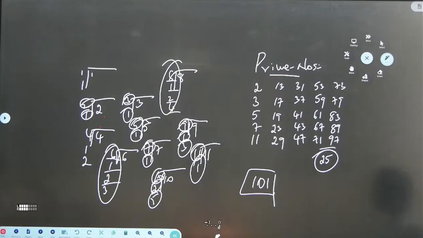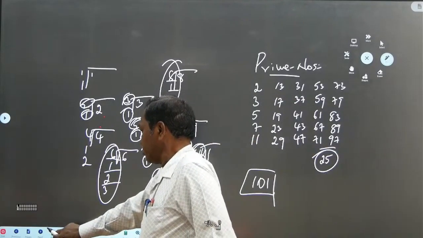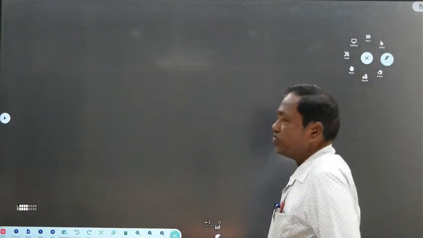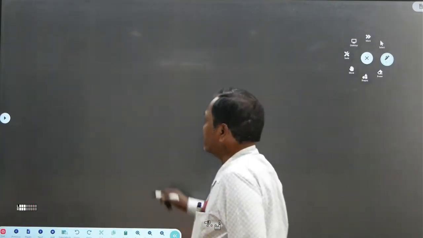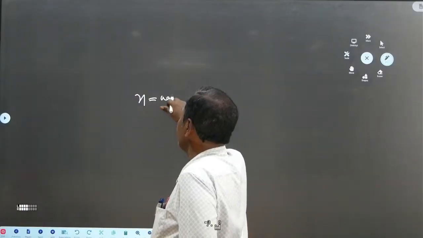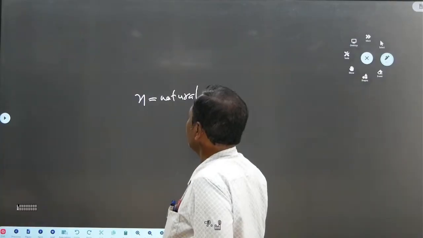101 is the smallest 3-digit prime number. While calculating, I will tell you about the sum of the digits. Let us take n as a natural number.